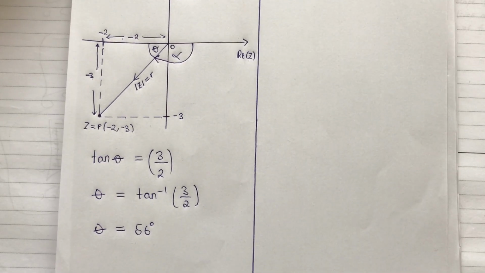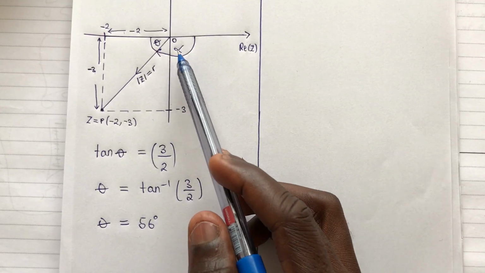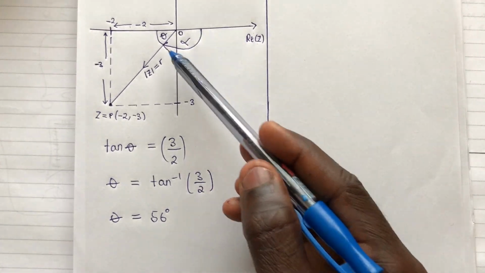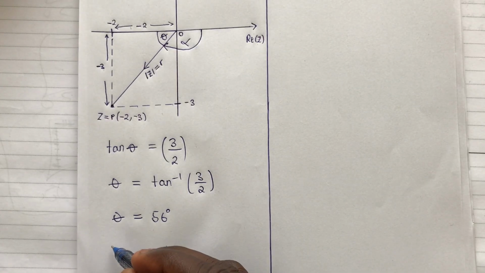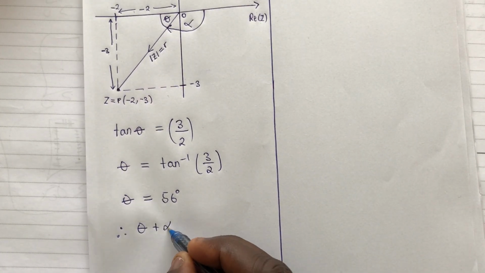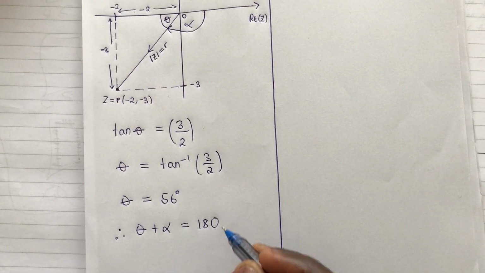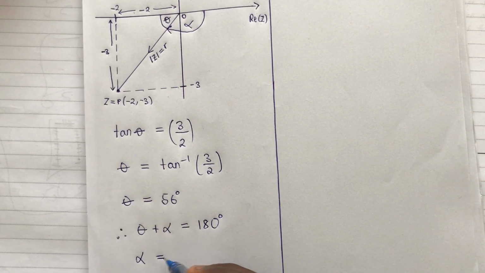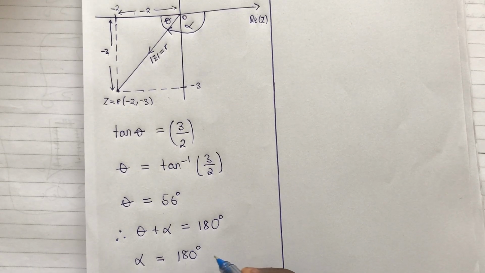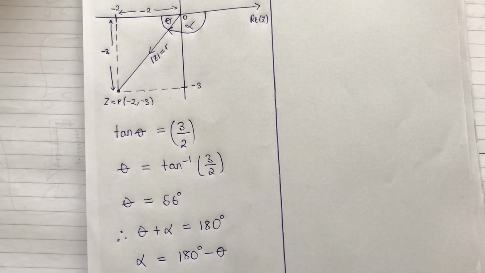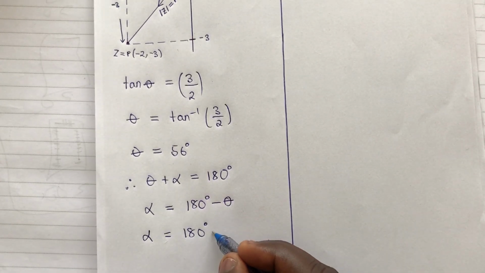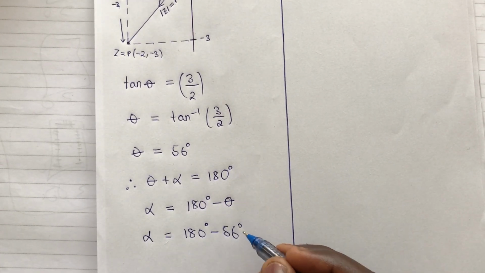Now we have access to theta. Alpha plus theta should be equal to 180 degrees, because the whole distance will be 180. So we have, therefore, theta plus alpha should give us 180 degrees. But we are looking for alpha, so alpha will be equal to 180 degrees minus the angle theta. We have alpha equal to 180 degrees minus 56 degrees.